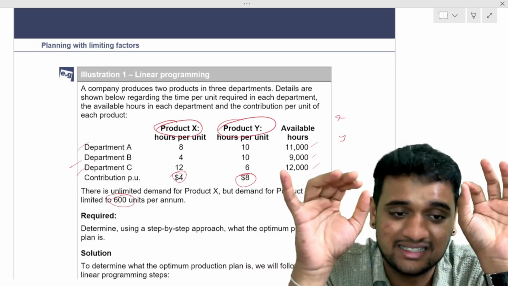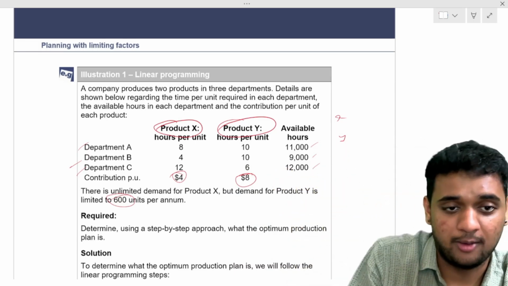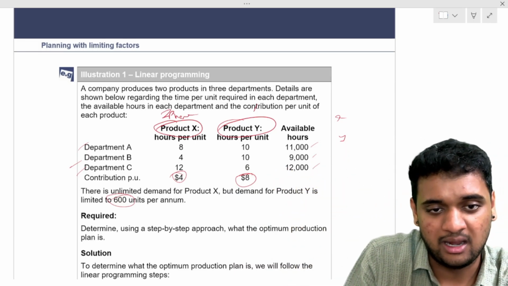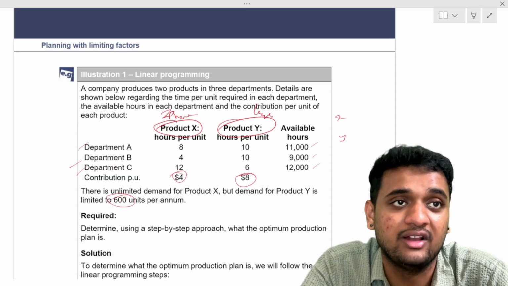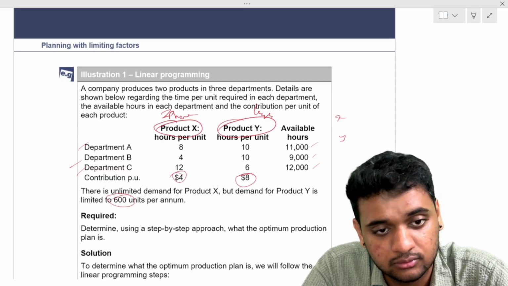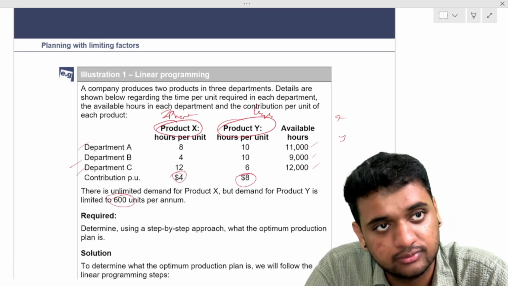If we produce X number of iPhones and Y number of laptops, you tell me how much is the total contribution we will get? Total contribution.